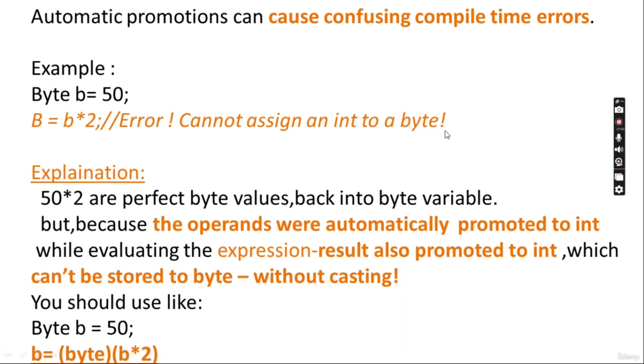It cannot be assigned to byte. 50 * 2 are perfect byte values, but because these operands were automatically promoted to int while evaluating the expression, the result is also promoted to int, which cannot be stored into a byte without casting. So this will cause a confusing type error. You should write it like b = (byte)(b * 2).